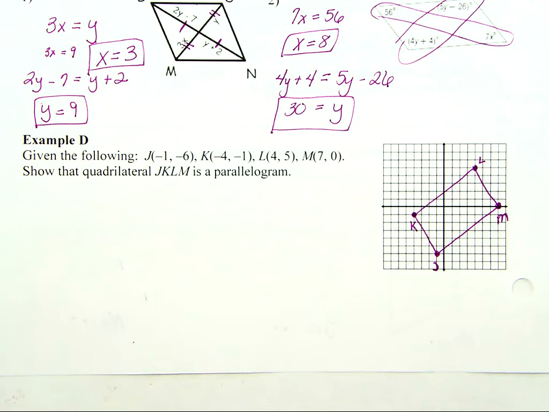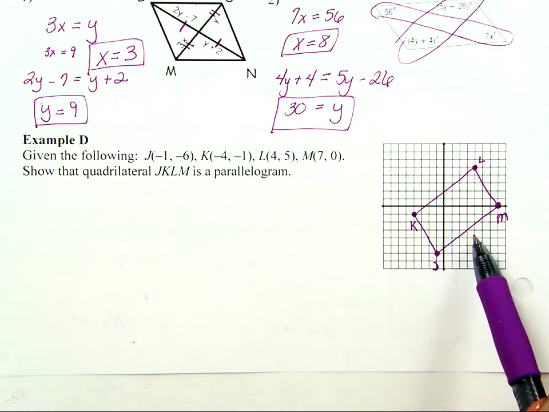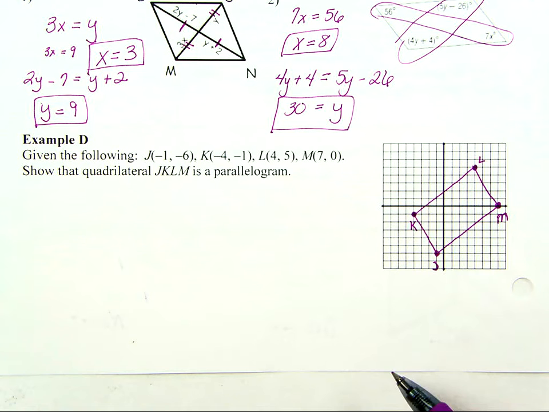Now we want to think about how would I show that that's a parallelogram? Well, we could show that many different ways. We just talked about all the conditions that need to be met. What about tying it in when it's graphed on the coordinate plane? Well, the definition of a parallelogram says that my opposite sides are parallel. So would you agree to show that these opposite sides are parallel, I could take a look at using my slope.